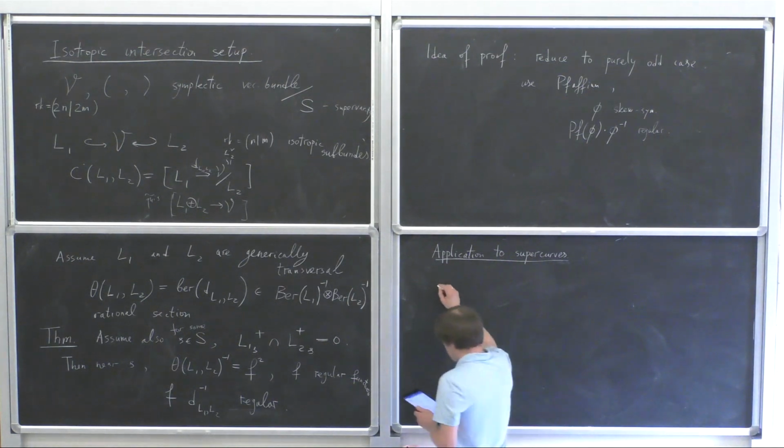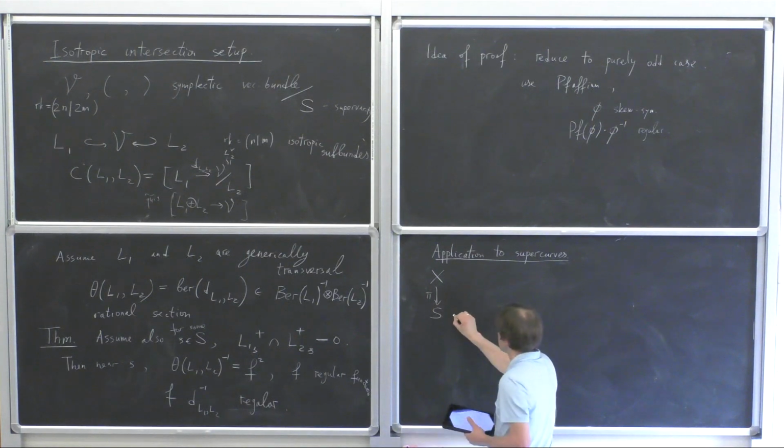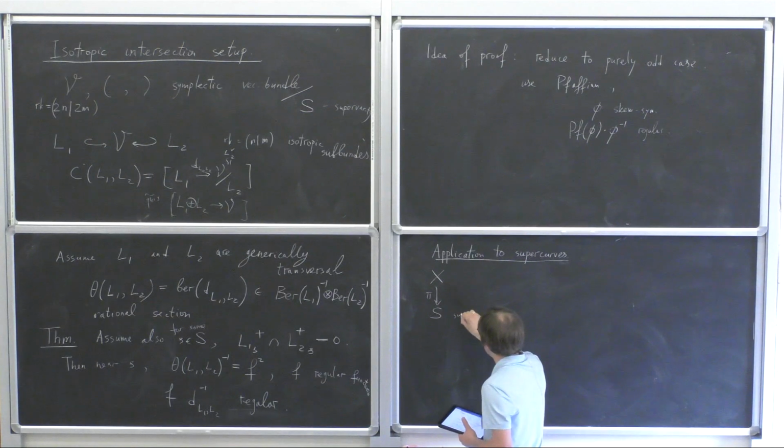So, right, suppose now we have a family of supercurves over some superbase, so this is a super variety, and this is a family of SUSY curves.